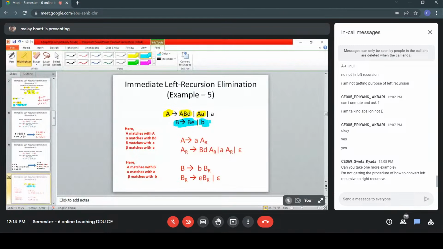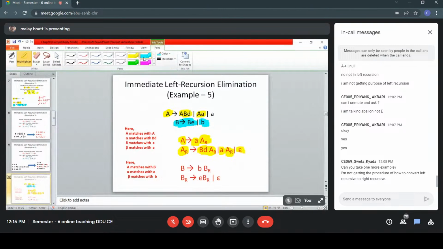So now we'll write A gives small a, capital AR, because it is beta AR. Now for AR, we'll write alpha AR. So alpha is your capital B, small d, alpha AR. Then we have a delta AR. So delta is your A. So A, small a and AR and null.